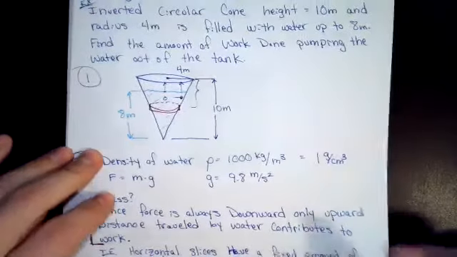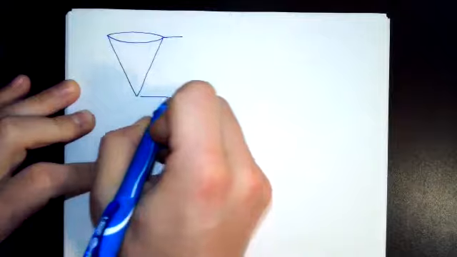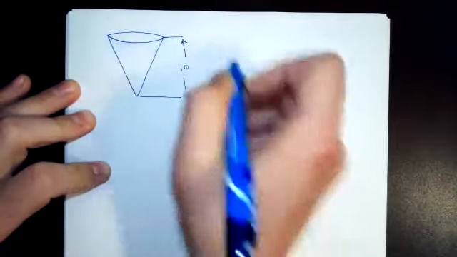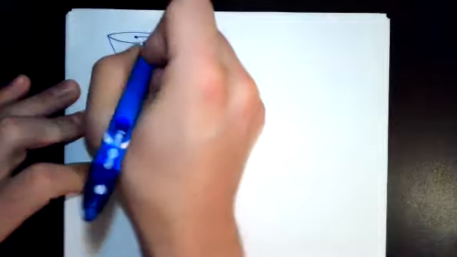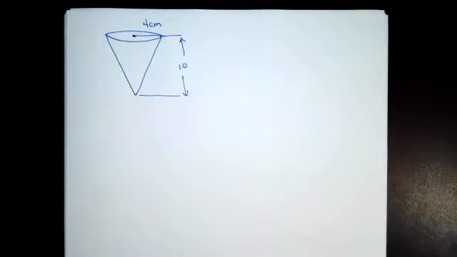So let me get a new piece of paper, and let's redraw this picture so we can have it for reference. We've got our cone, height of 10, and the radius was 4 centimeters.